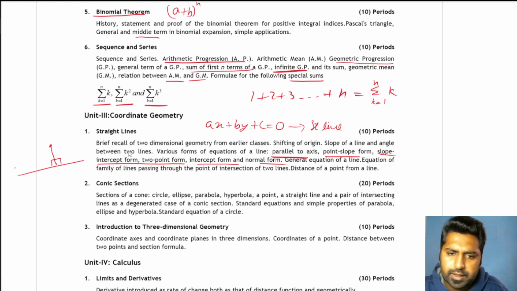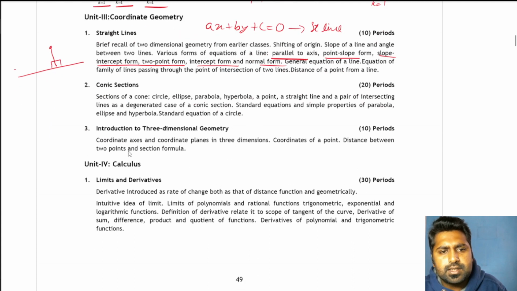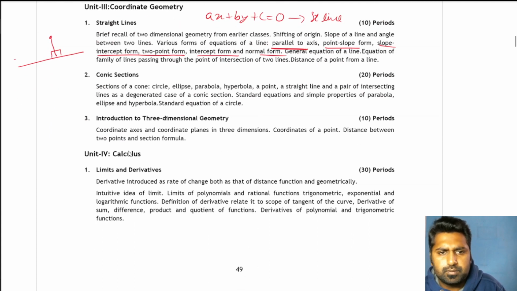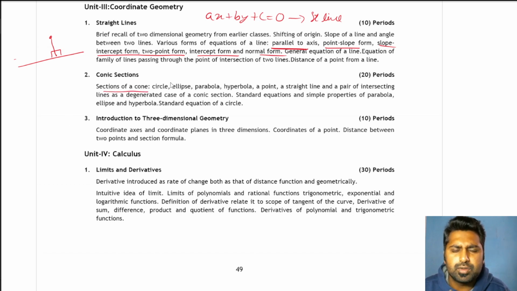Okay. Next is conic section. Conic section specifically deals with the different kinds of shapes that are present in your maths. We know that conic section basically means section of a cone. If we look at different sections of cones, if you cut a cone horizontally, you get a circle.